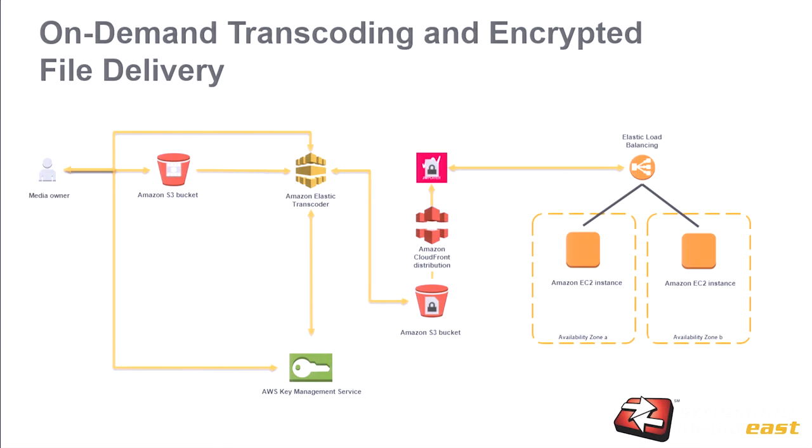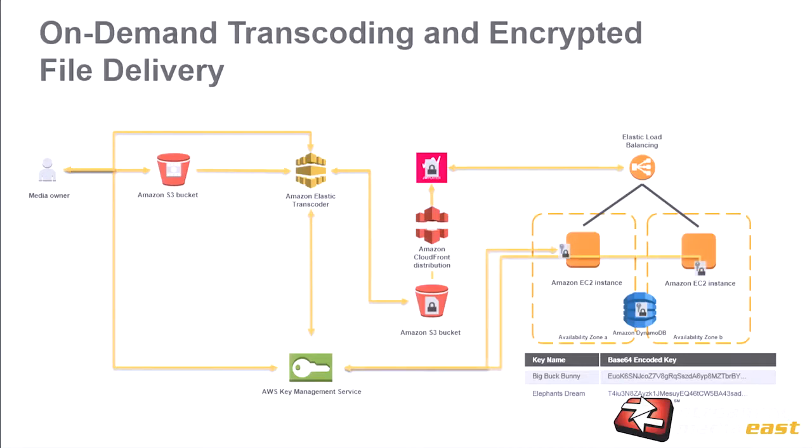We're using Elastic Load Balancer and a couple of EC2 instances, and you authenticate your users, and those EC2 instances can talk to the Key Management Service again, get the decrypted keys back, and send those decrypted keys after you've authenticated your user to the client. So now the client has the keys and an encrypted file that it can now decrypt and play via JW Player for your viewers. So that's sort of the architecture at a high level.